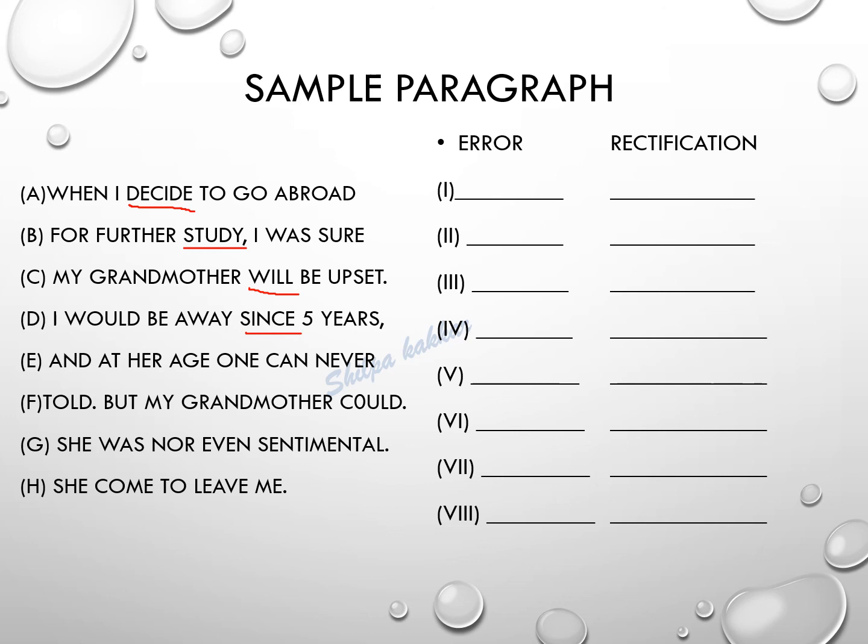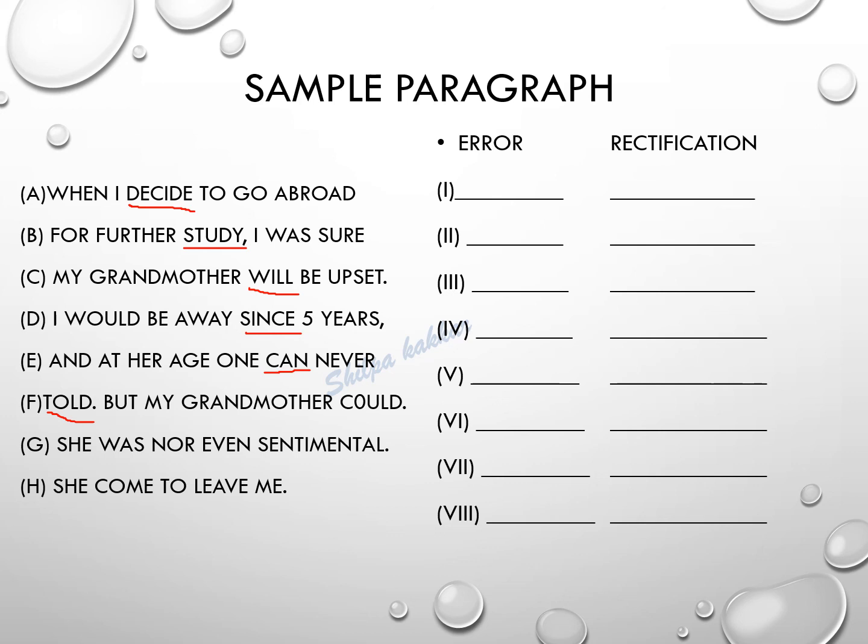It should be, instead of can, it should be could. Could never, not told, but tell. But my grandmother could. She was nor even sentimental.